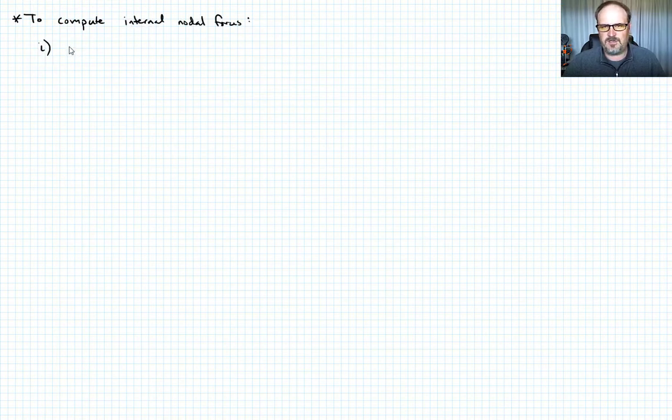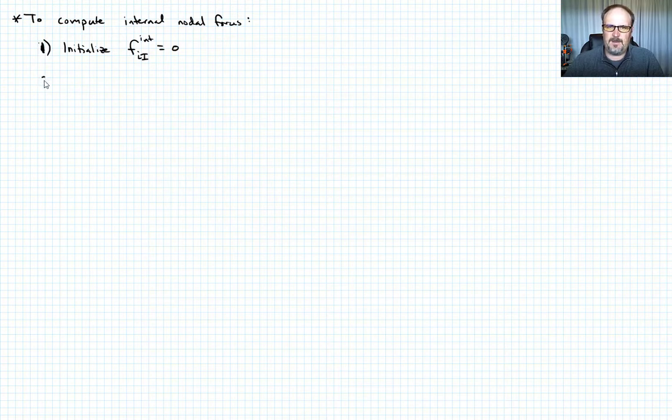Okay, so to compute the internal nodal forces, the first thing that we do is initialize the internal force quantity to 0. I should say that this is at the element level, so this is assuming we're working over an element. The assembly proceeds as we've done before. Let me also say, I don't want to call this I, let's call this 1.